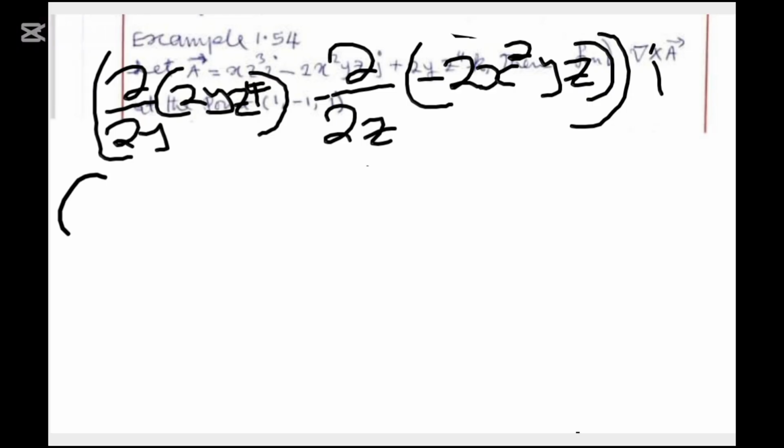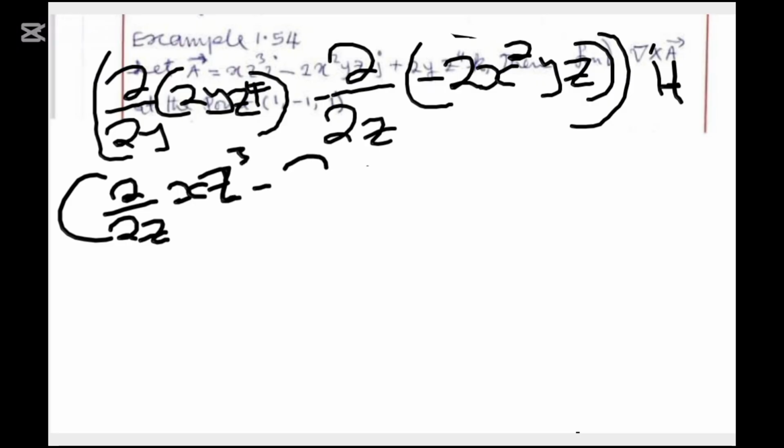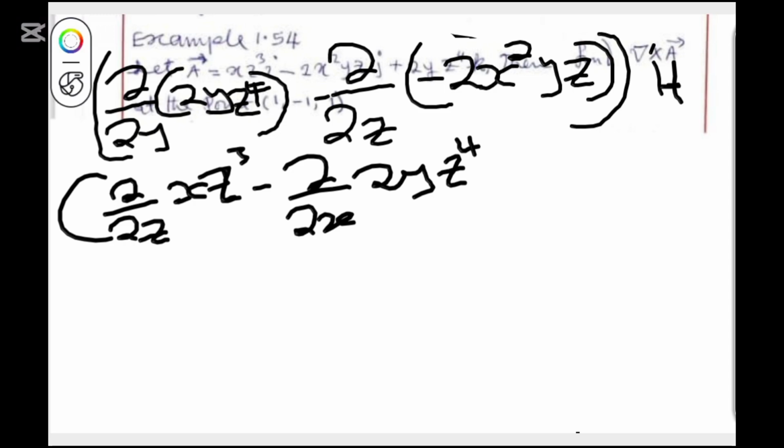At the end, I have a positive sign here, and I will be left with d by dz of xz cubed minus d by dx of 2yz to the power 4.